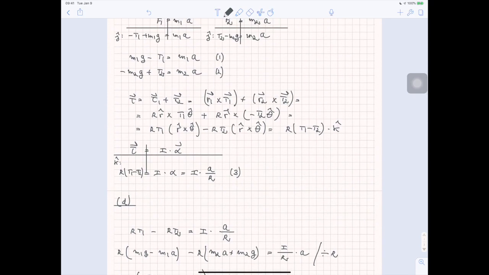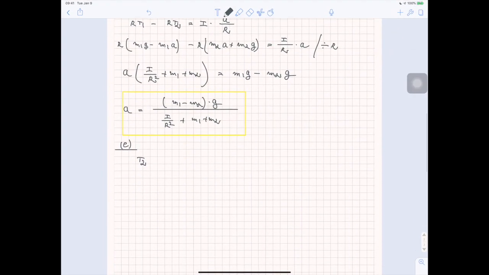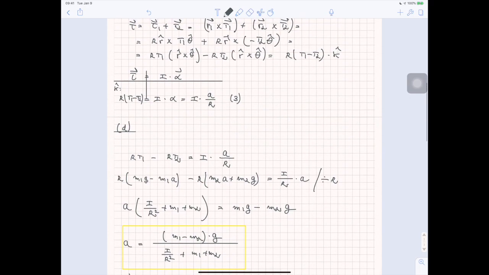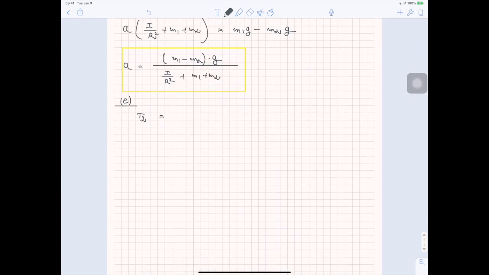So T2 here is therefore M2A plus M2G. So T2 is M2A plus M2G. And then you can insert this back into here.